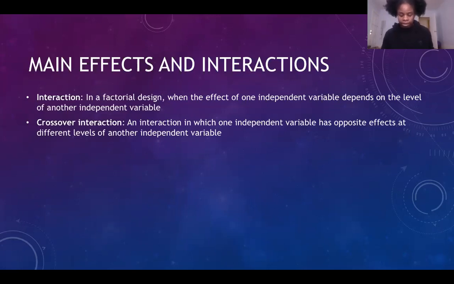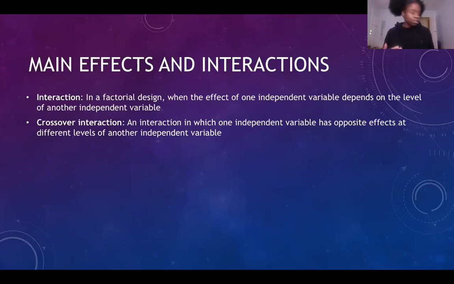An example of this is the effect of receiving psychotherapy is stronger among people who are highly motivated to change than among people who are not motivated to change. Thus, the effect of one independent variable, whether or not one receives psychotherapy, depends on the level of another, so the motivation to change. The effect of one independent variable can depend on the level of another in different ways.